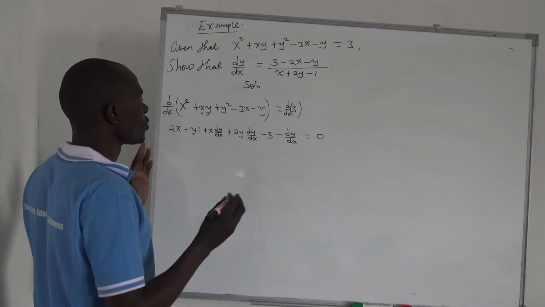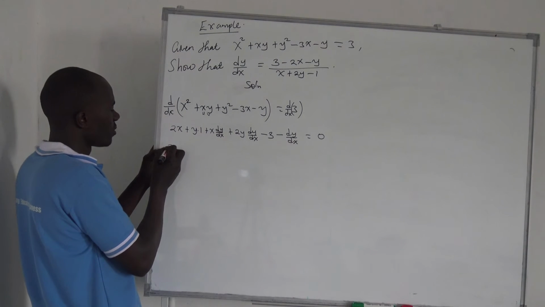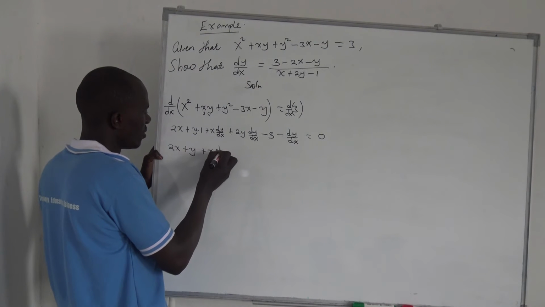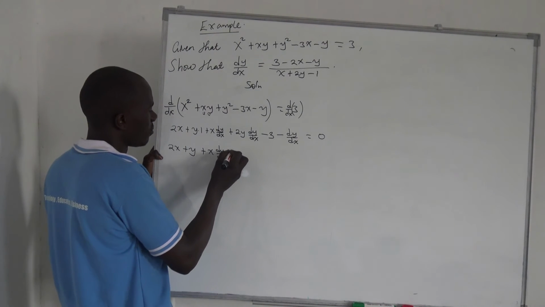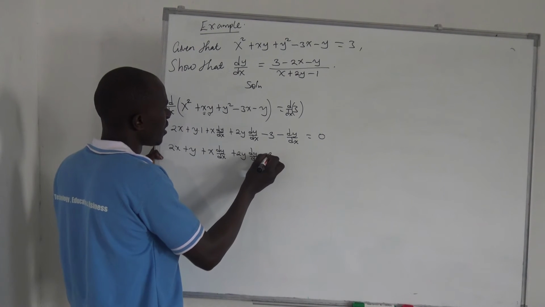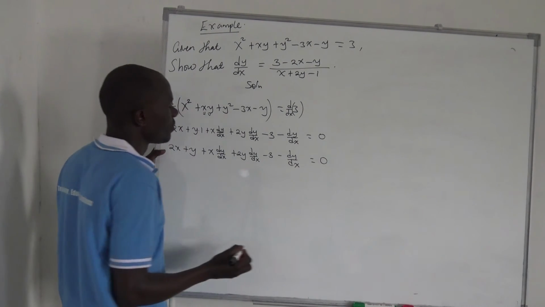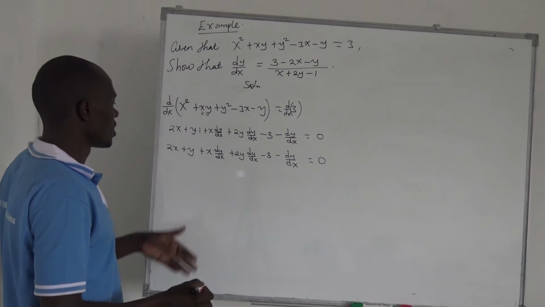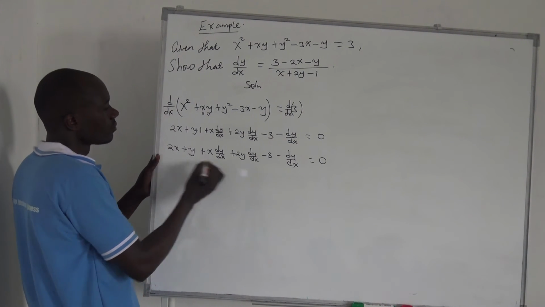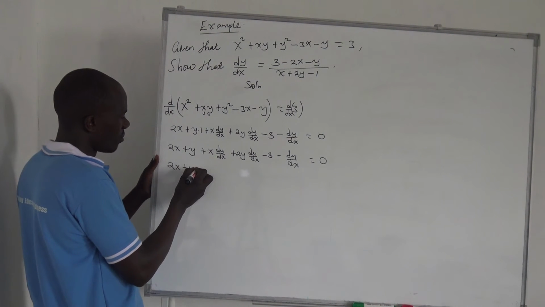So those terms with dy/dx, bring them together. Opening up, we get 2x plus y plus x dy/dx plus 2y dy/dx minus 3 minus dy/dx equals 0. Those with no dy/dx, bring them together: 2x plus y minus 3.